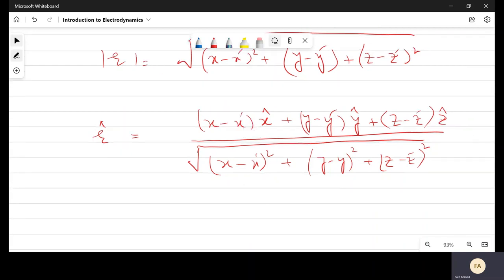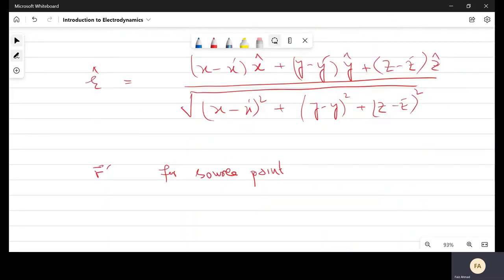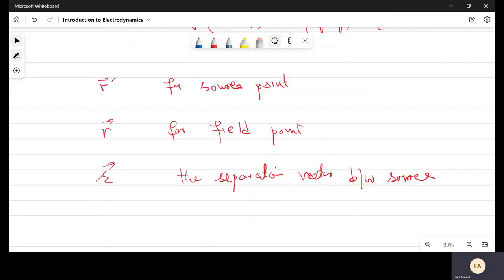Throughout this book we will maintain these notations. We will reserve R prime for the source point, the distance from the origin to the source point, and R for the field point, and the script R for the separation vector between the source and field point.